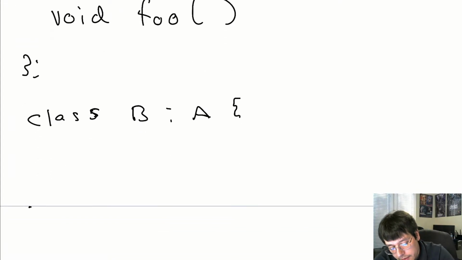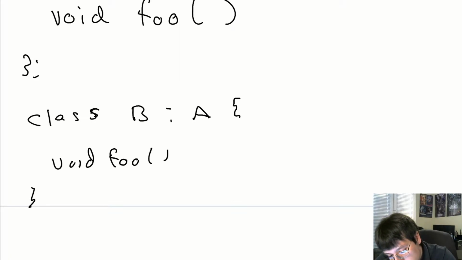If I inherit this, and I go in here and make another function foo, this is overriding the first function, right?